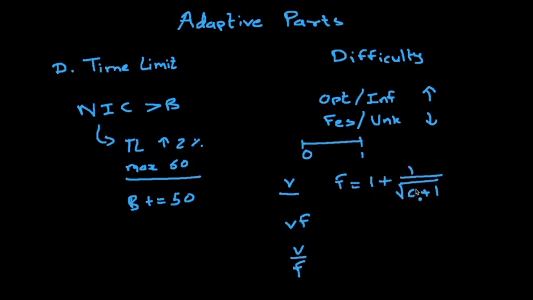Initially this C will be 0, which means this factor will be very large. As we make more and more changes, increments or decrements, this factor will become smaller and smaller. Notice that this factor is always greater than 1. So V times factor will always increment the value, and V divided by this factor will always decrement this value.